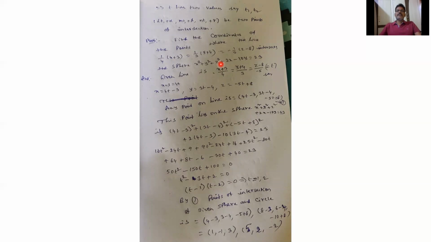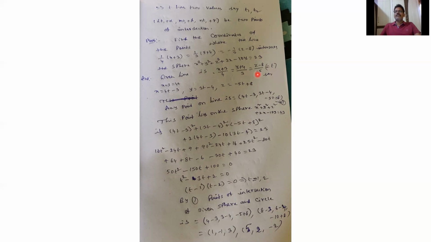So what is the given line here? (x + 3)/4 = (y + 4)/3 = (z - 8)/(-5) equal to t. First you take the first two: (x + 3)/4 equal to t, x plus 3 equal to 4t, x equal to 4t minus 3. Similarly, y plus 4 equal to 3t, y equal to 3t minus 4.